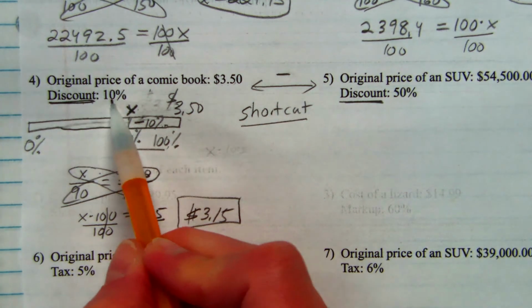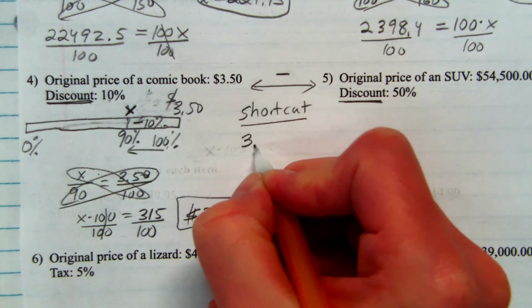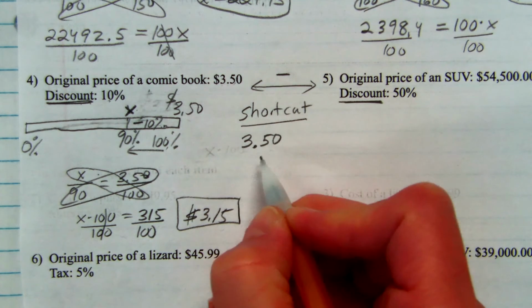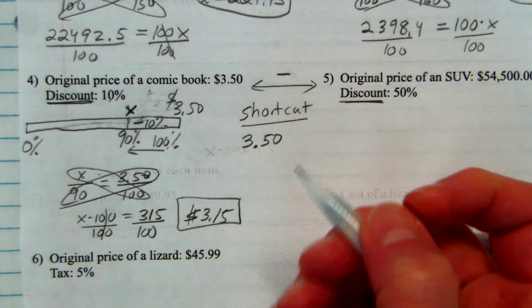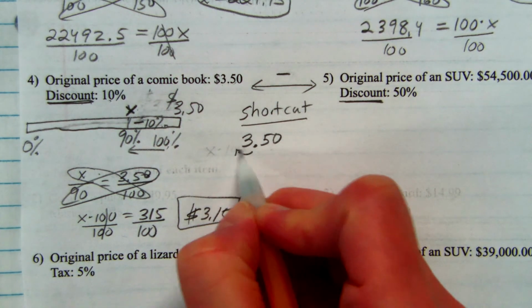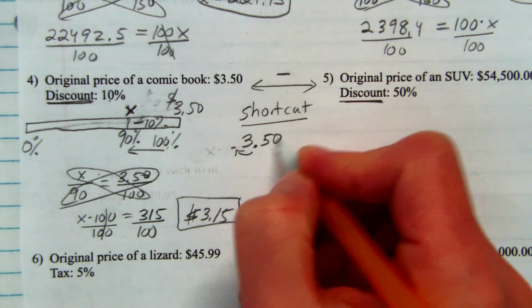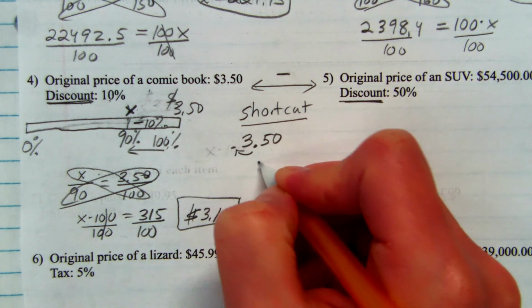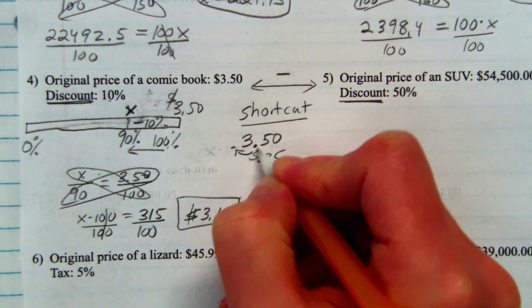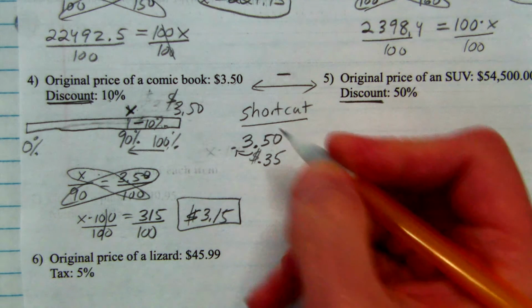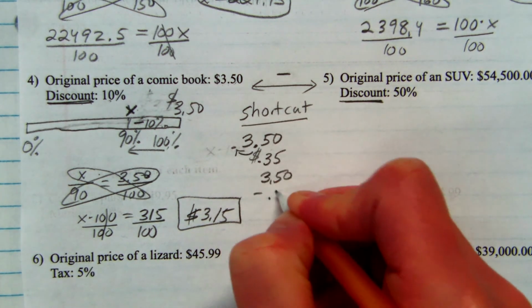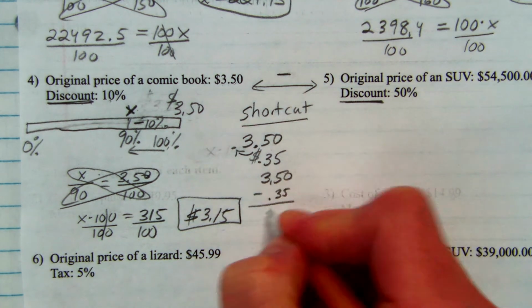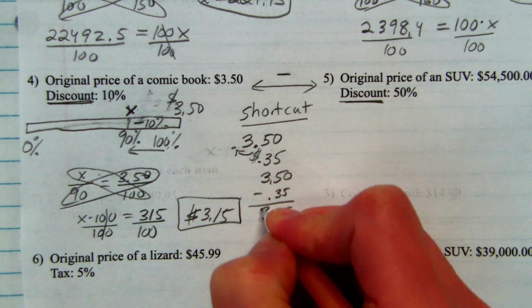How do we find 10% of 3.5 without doing the bar? Go for it. Move the decimal back one place, and so it's right here. So 10% of 3.5 is 35 cents. And since we're doing a discount, then you could have taken $3.50 minus 35 cents, and you still get $3.15.